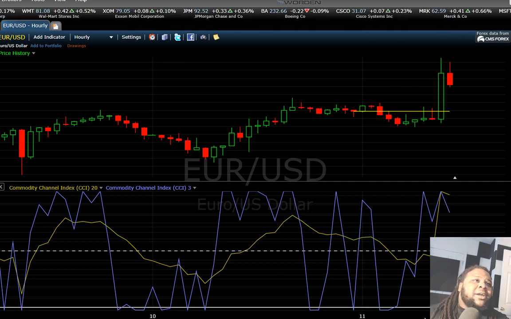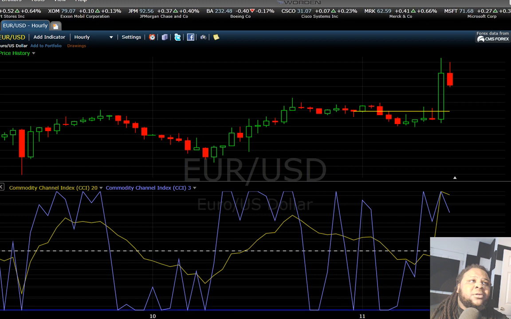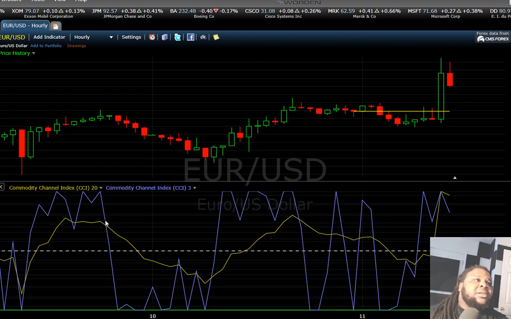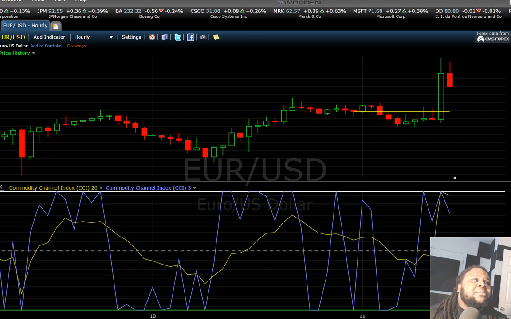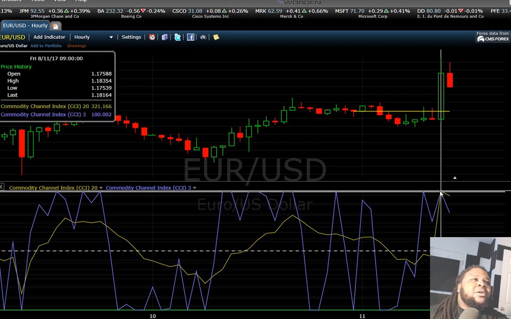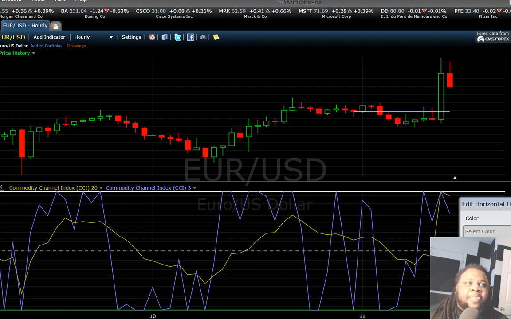So if you look right here, this is where we have our line, and we're going to make this our support. Change it to a different color so it can be easier to see. And right here, we're going to make this our resistance. Bam, there we go. All right, and we're going to change this to red.